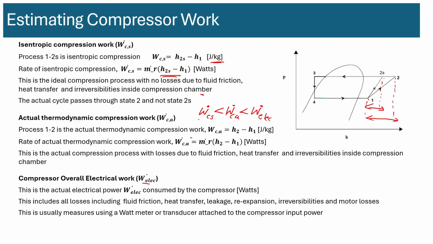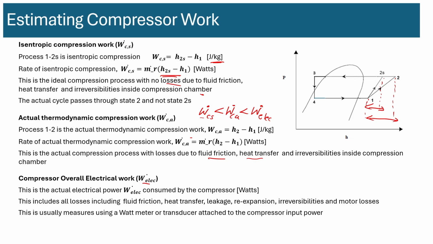So what this means is in isentropic compression, there are no losses, right? No losses due to friction, irreversibilities, or anything. So most of the energy is directly transferred to the fluid. In the actual compression process, there are some losses due to friction. There are losses due to heat transfer, right? And there are losses due to other irreversibilities, for example, the speed of compression, right?